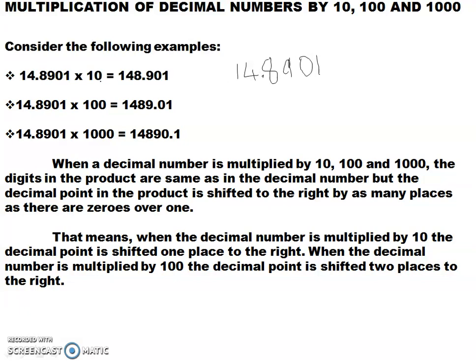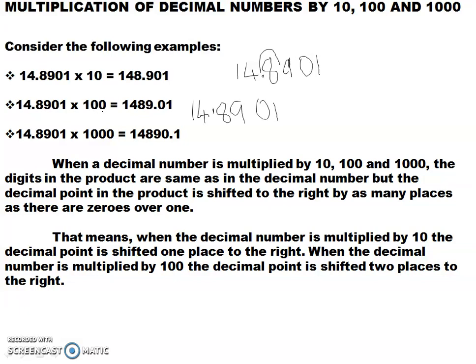When I multiply by 10, how many zeros are there in 10? Only 1 zero. So the decimal point will shift one place to the right, and the answer is 148.901. Now 14.8901 multiplied by 100.